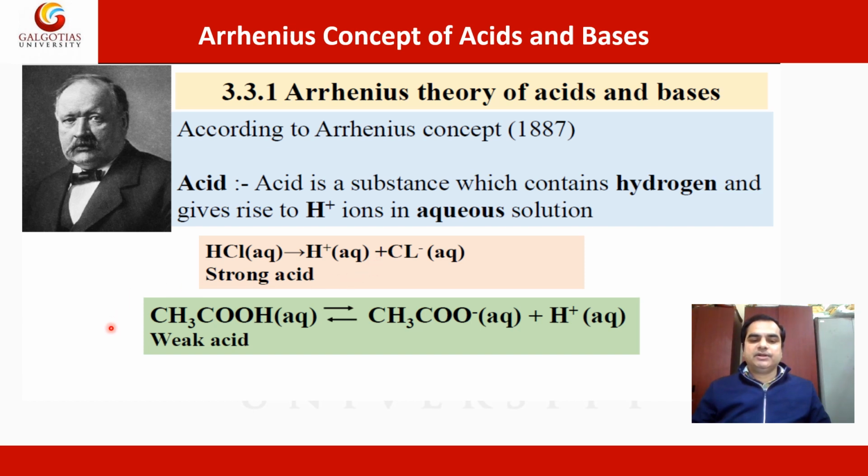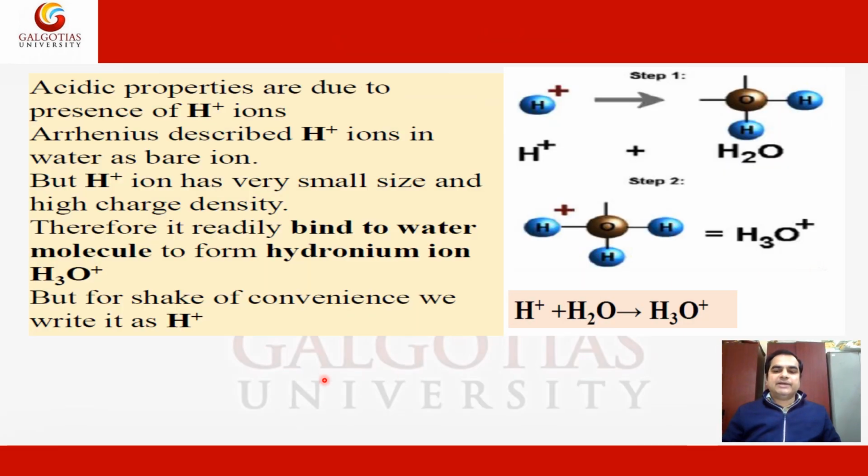Similarly, acetic acid is referred to as a weak acid. It also dissociates, but it cannot easily release the H+ ion in the solution. Now, acidic property is mainly due to the presence of H+ ions. H+ ions in water are not bare ions.